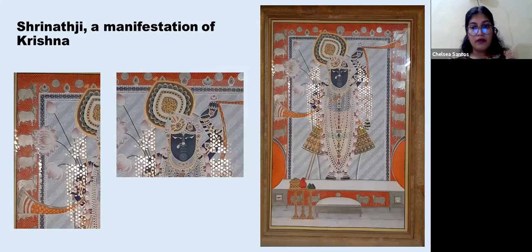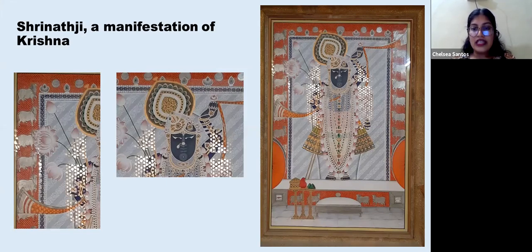So now we'll break up the iconography of Srinathji further. Srinathji as a manifestation of Krishna, like I said, Srinathji essentially is a manifestation of Krishna in the form of a 7-year-old boy.